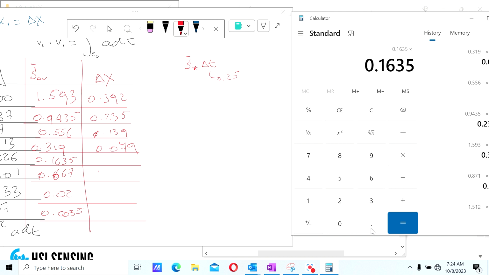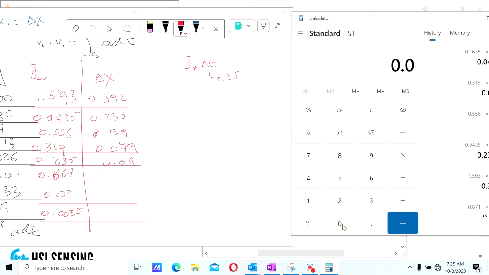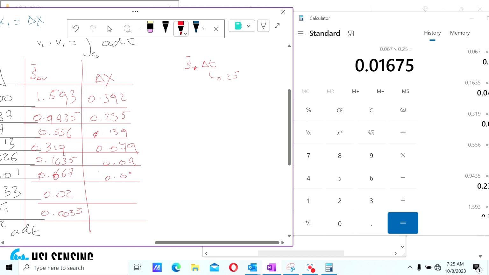0.1635 times 0.25, 0.04. Next one is 0.067 times 0.25, 0.016.